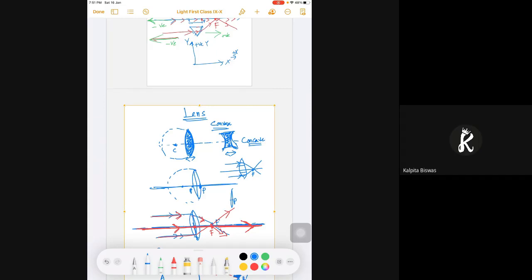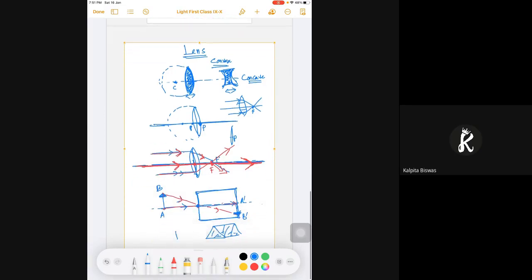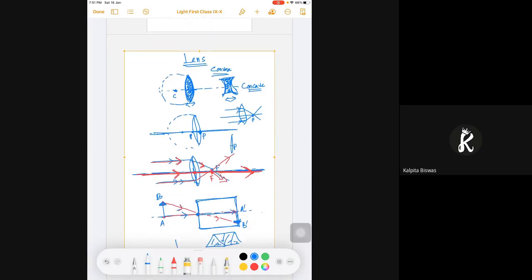And the center of this particular lens, the point where it touches the rarer medium and it is the middle of the lens, is called the pole of the lens. So this is the pole, and this is the center of curvature. As we move on slowly, we have to get into another important point, and from there we'll start today's class.